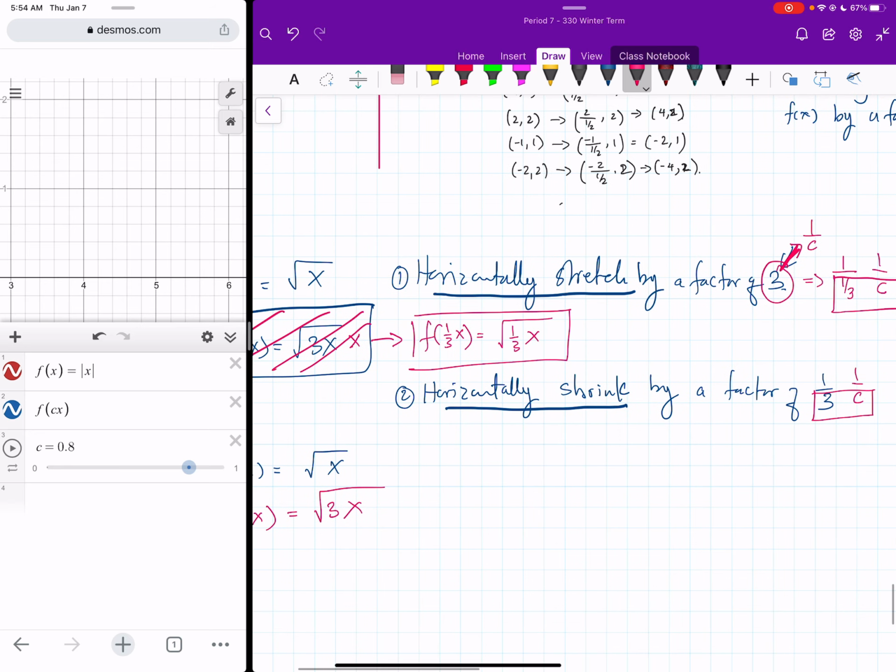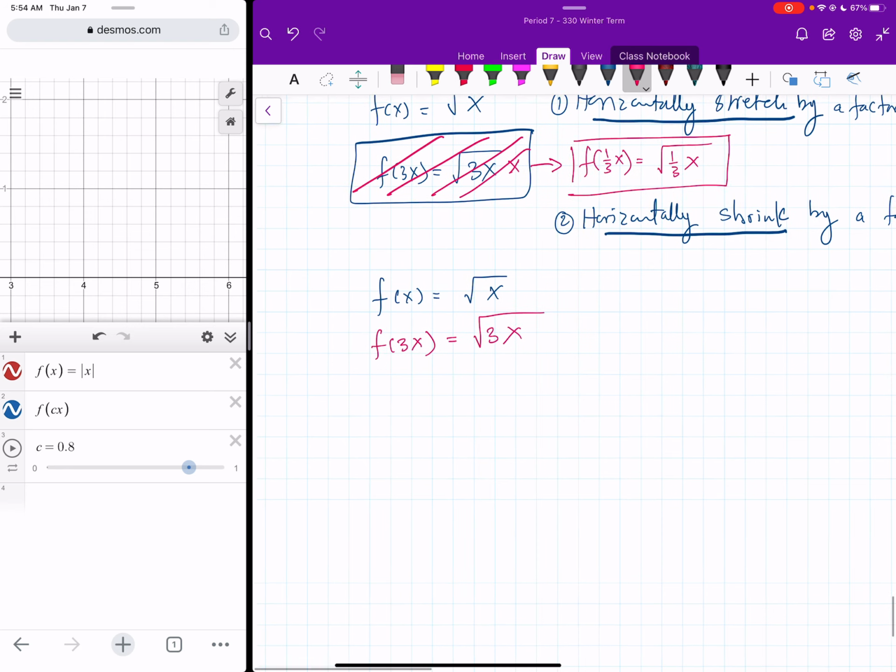Likewise, if you had a horizontal shrink, then you look at that fraction that has been given to you and ask, how does that match up with 1 over C? Because whether we stretch or shrink, we are doing it horizontally by a factor of 1 over C. If I have 1 over C and I have 1 over 3, then C must have been 3. So I'm able to write that.